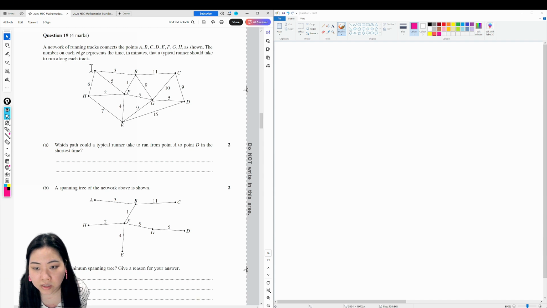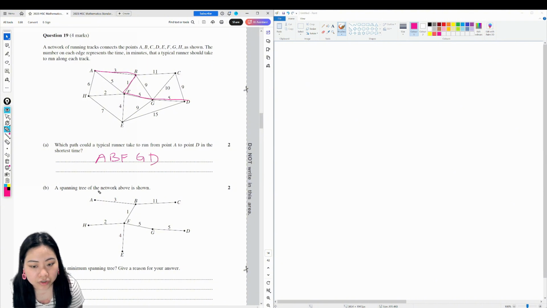This is 15 if you go through A, F, G, D. Can we find shorter? Yes. A, B, F, G, D would be shorter because that's 4 minutes instead of 5. Now, can you do shorter? That's longer. 6, 7. That's longer. So the shortest time would be this way, which is A, B, F, G, D.